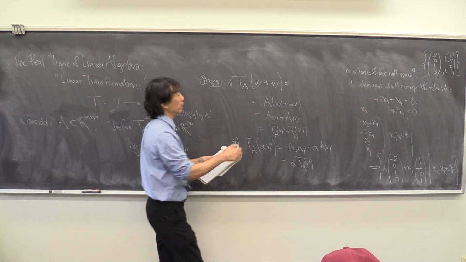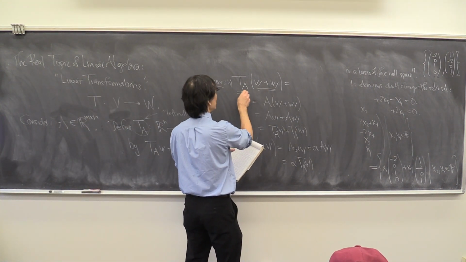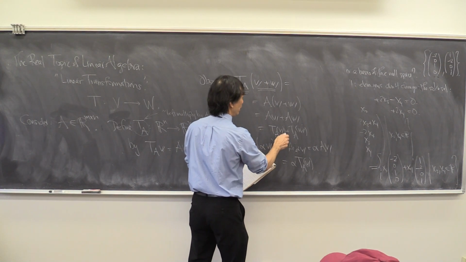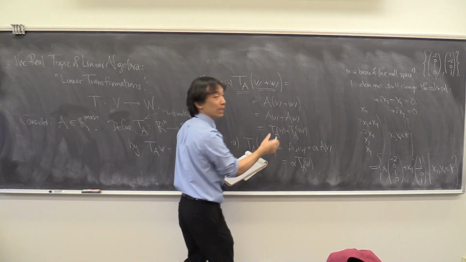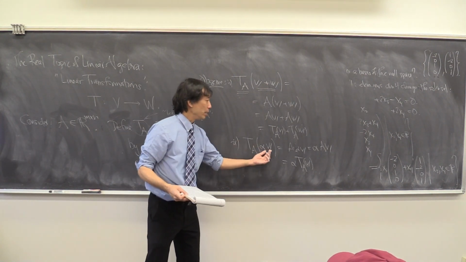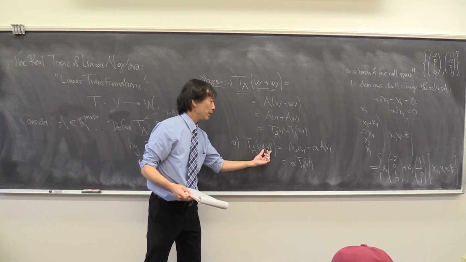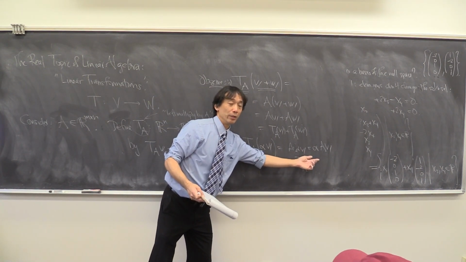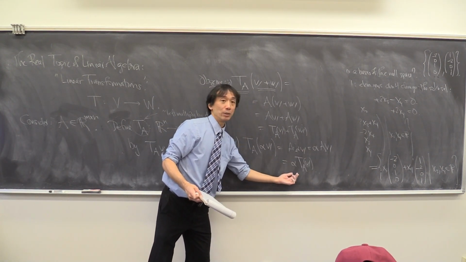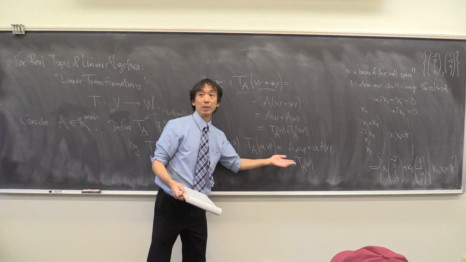That's what this is saying. I add them first and then send them through the function, or I send them through the function first and then add them later, and I get the same thing. Similarly, I take the vector and scale it and then run it through the function, or I run it to the other vector space and then multiply it by the scalar. I get the same thing.